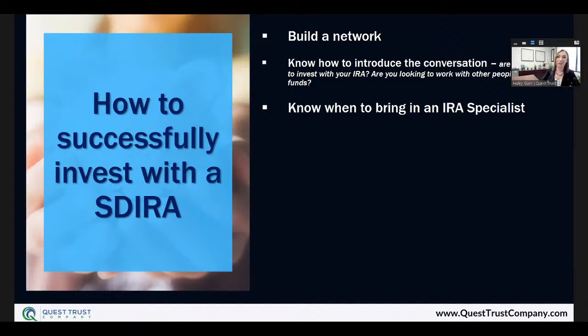Let us explain exactly how it works, the exact logistics, and especially if you are looking to use other people's IRAs as private capital, bringing Quest into the conversation is a great way for your potential investors to hear all of the information they need from a completely neutral party.